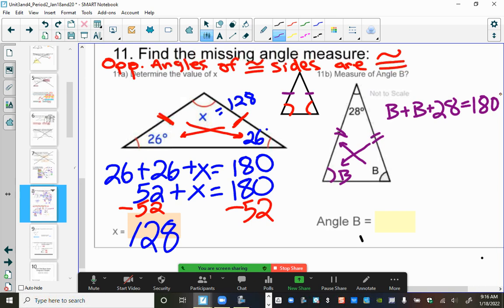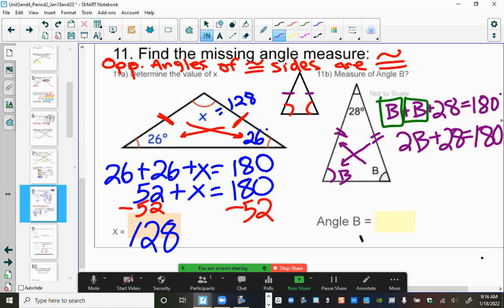Now, similar to a couple problems ago, notice how the two B's were on the same side of the equal sign. So if I have one B in one hand and another B in my other hand, how many total B's do we have? Two B's. So B plus B is 2B. And then you add your 28, it's 180.